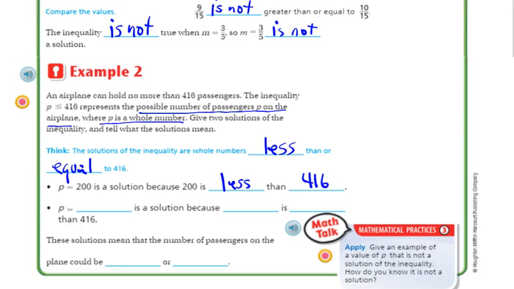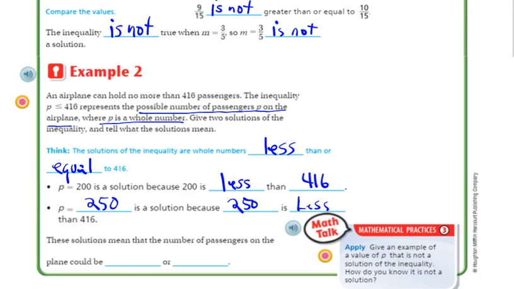Okay. So let's come up with our own solution. Let's say 250. So you can have 250 passengers on the plane, because 250 is less than 416.